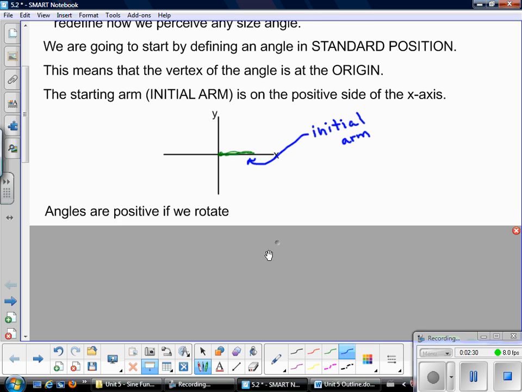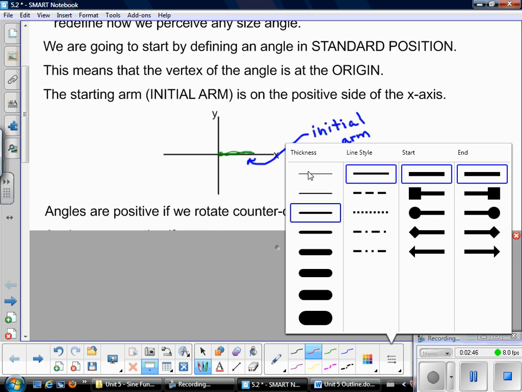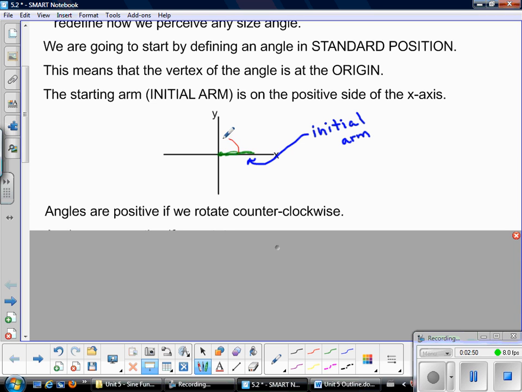And then what happens, angles are positive if we rotate what we say counterclockwise. So what that means is I would take this and I'm going to do it in red. And if I start here and I take this and I go this way and then stop, my angle would be positive.